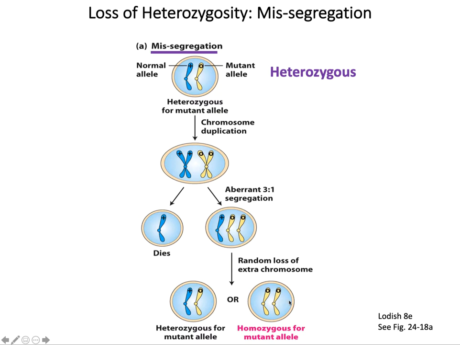And so now this cell is homozygous for this mutant allele. It has lost its heterozygous nature of this gene, and unfortunately, this could contribute to dysregulation of the cell cycle, malfunctioning DNA repair proteins or enzymes, or defective apoptotic proteins that may not induce programmed cell death in a defective cell.